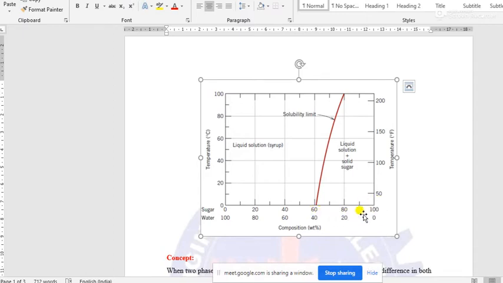you may make the solution more concentrated, and at the end point, when the weight percentage of sugar is 100 and weight percentage of water is 0, then obviously this is an idealistic assumption, but that is not possible.